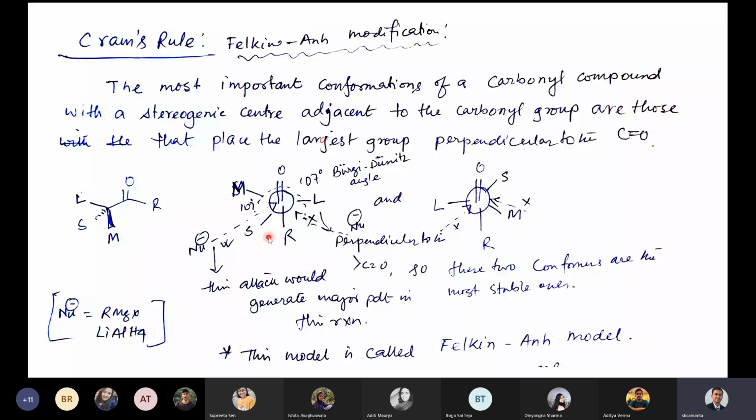The back carbon is not shown here. It's not visible in a Newman projection formula. But these three are connected to the back carbon. And if you see the arrangement, this carbon is your A, this carbon is your B, this carbon is your C. Carbonyl carbon to L to M, correct? So that is your A to B to C, so that is your S stereochemistry.